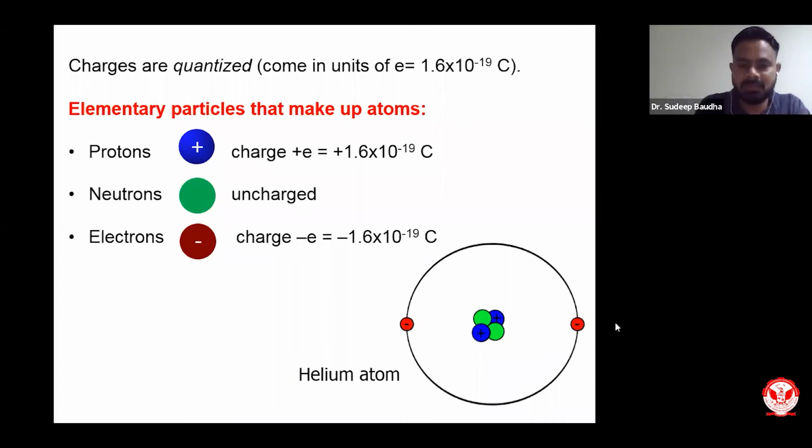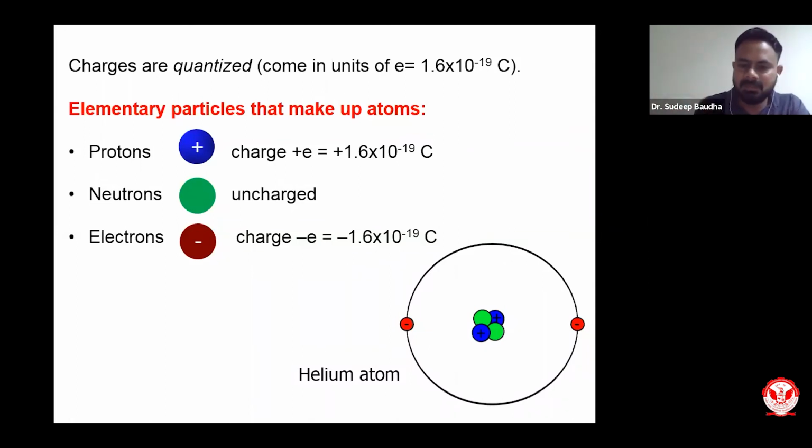I have given you an example of a helium atom. You can see there are two protons, two electrons, and two neutrons. So the two protons have positive charge, equivalent to 2 times 1.6 times 10 to the power minus 19, because one proton has this charge and another proton will have the same charge.